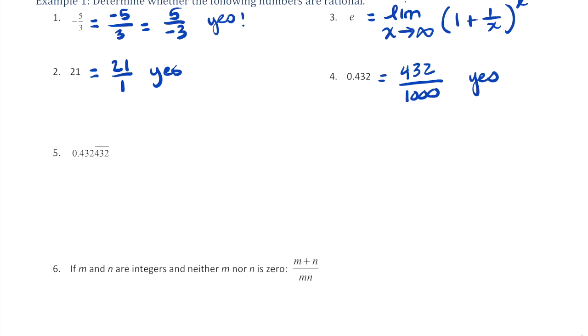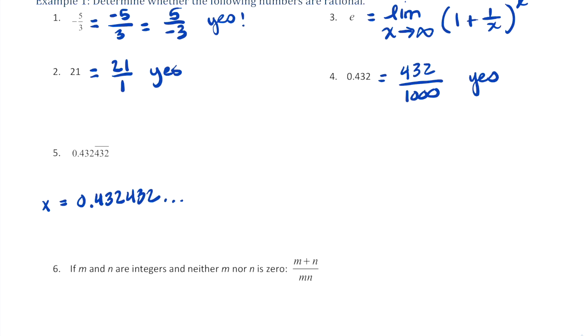It turns out, and you'll learn a different technique when you're in calculus too, you may have already learned it in pre-calc, one easy way to find the fraction that represents this repeating decimal is to let x equal your repeating decimal, so this is 0.432432, etc. Right?